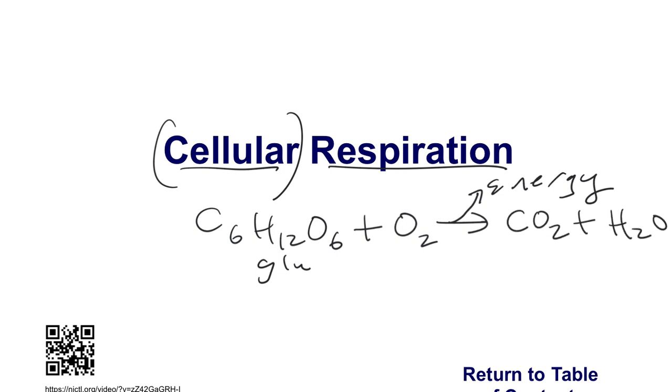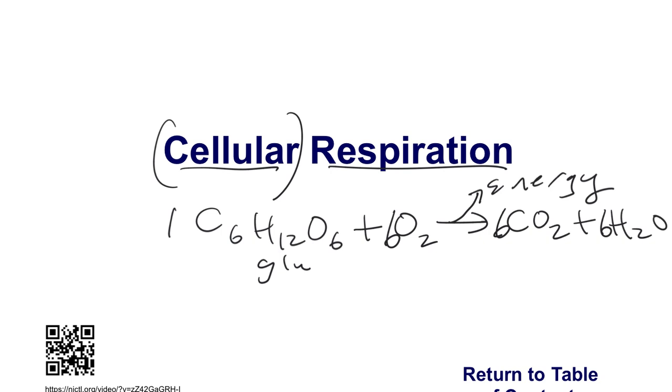And again, this is just the reverse of the photosynthesis reaction. Of course, the details are very different. The steps in the metabolic pathway are very different. So if I balance this, this would be a 6, 6, 6, 1.